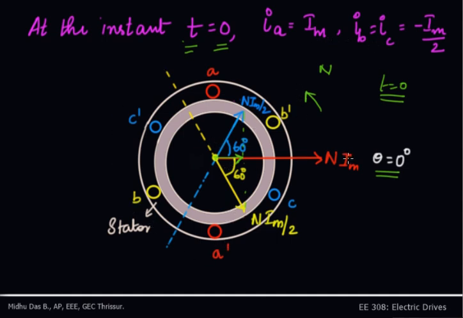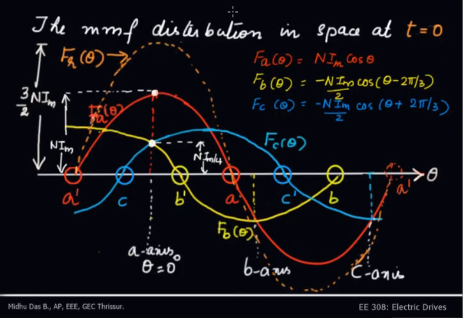So along the theta equal to 0 direction at this instant, we have an MMF here, an MMF here, and this MMF is distributed sinusoidally in space. This is shown here, the MMF distribution in space at t equal to 0.